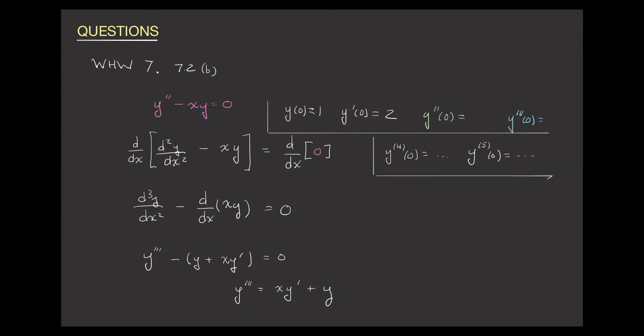And now notice we don't have formulas for y double prime, y triple prime, and so on. But we can at least find out what the initial value information is for those derivatives. So that is that part.